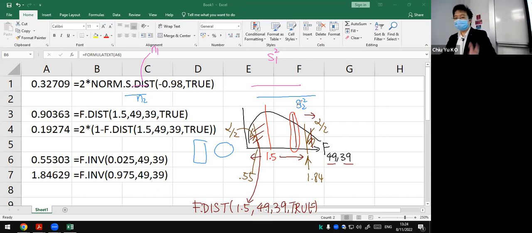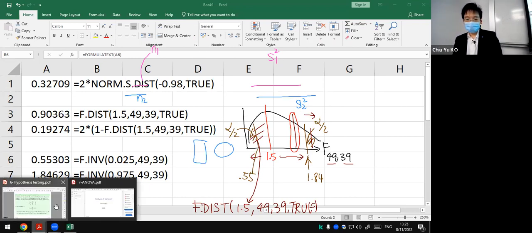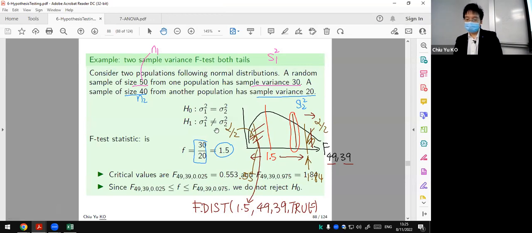So you can't reject at the 5% significance level that H0 is wrong. You can't reject it, so you have to keep your belief in H0. That is how you would do it.